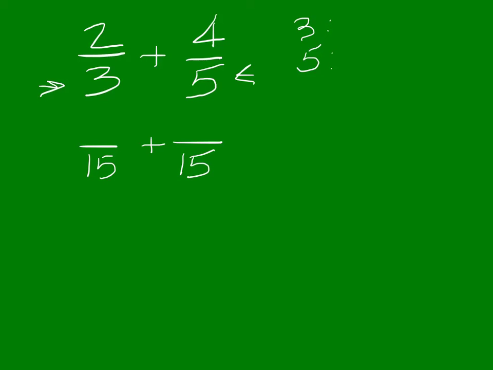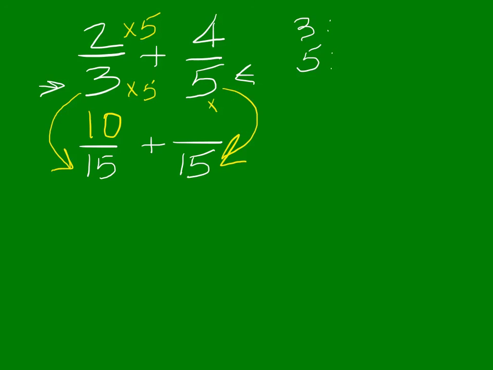Now, if it's 15, you have to adjust the top part of the fractions. What would I multiply 3 by to get a 15? 5, yes. If I multiply 3 by 5, then I have to do the same thing to the top. 2 times 5 is 10. What would I multiply 5 by to get 15? 3.